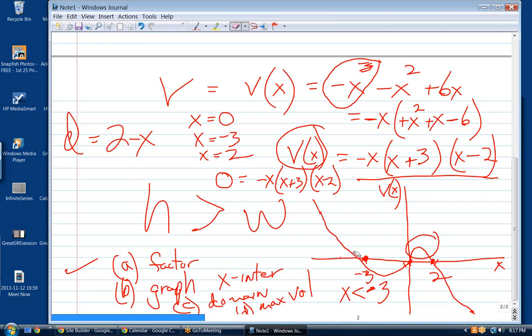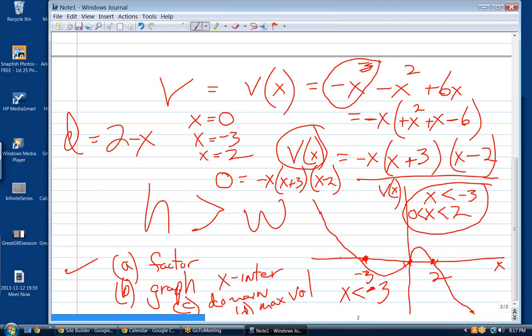That's allowed. Or if we have an x between 0 and 2, we have positive volume. That's also allowed. And if we have an x greater than 2, we have negative volume. So our domain is x has to be less than minus 3, or x can be greater than 0 and less than 2. Right there is your domain.